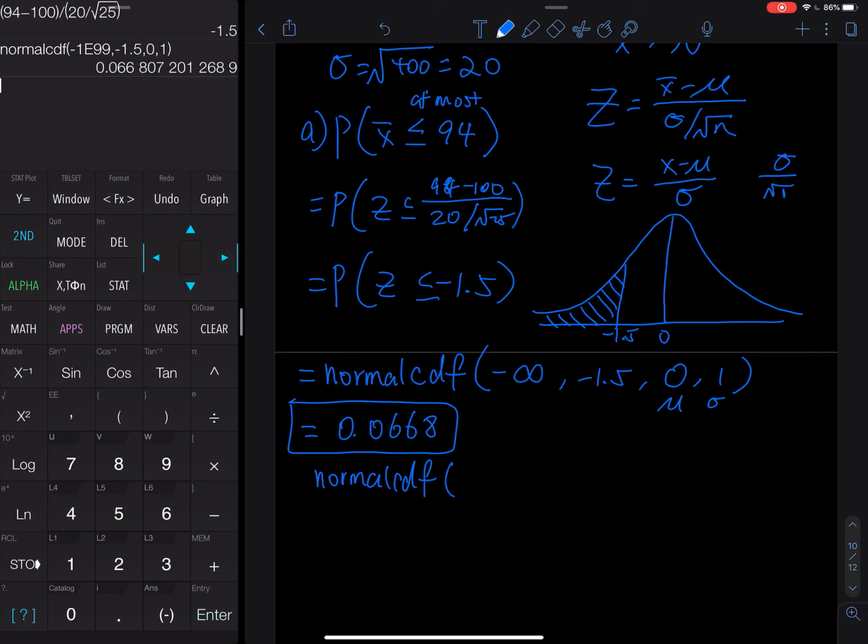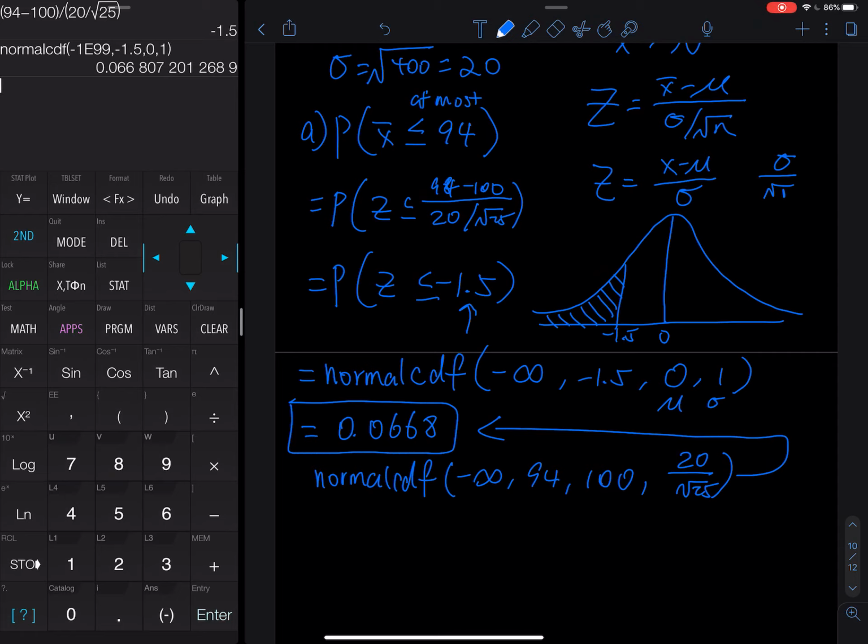I take the 94, from negative infinity to 94, and then the mean before standardization is 100, and the standard error is 20 divided by square root of 25. This is one step to get to the final answer. Sometimes the answers are not exactly the same. If you round the z, the answer might be a little bit different, but if you keep 4 decimal places, you will be okay. The difference is very, very tiny.